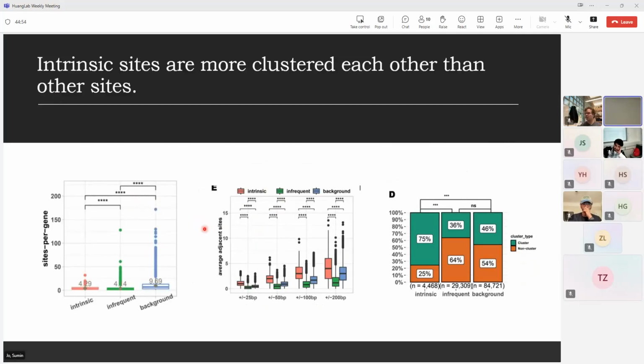Another interesting feature is that intrinsic sites are more clustered with each other than other types of sites. If we compare these figures with the infrequent and background, in general the number of sites per gene, meaning the average number of M6A sites per gene, is much higher in the background genes, and slightly higher for the intrinsic than the infrequent.